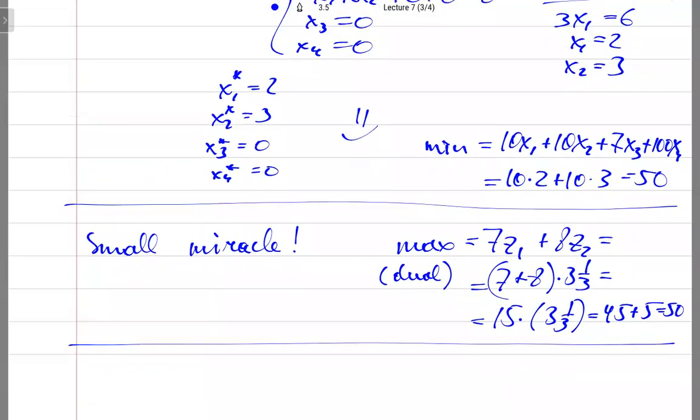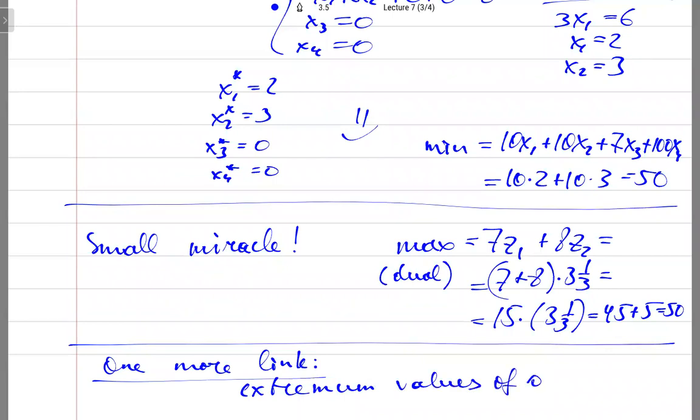So we have one more link between the original problem and the dual problem. The minimum of the original and the maximum of the dual problem are equal.